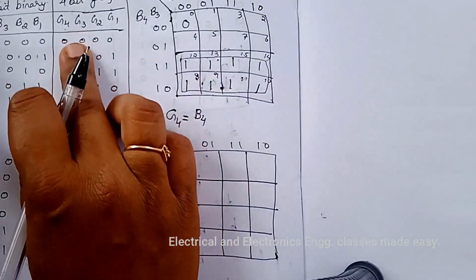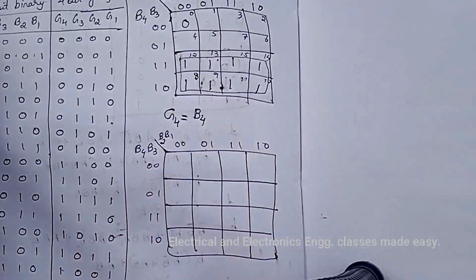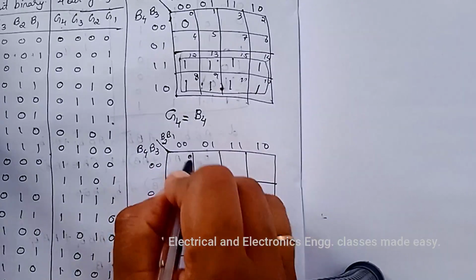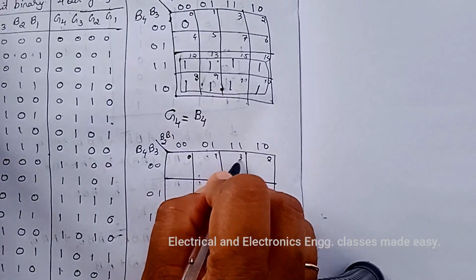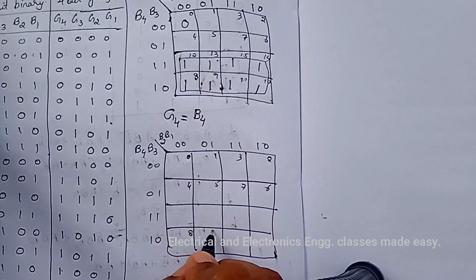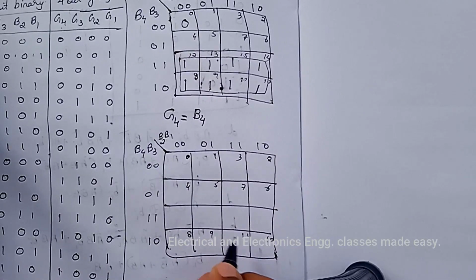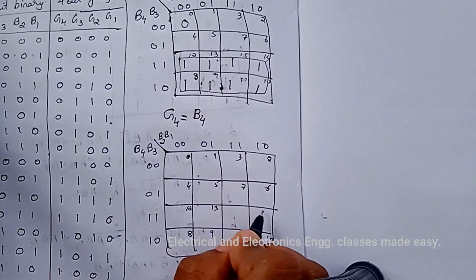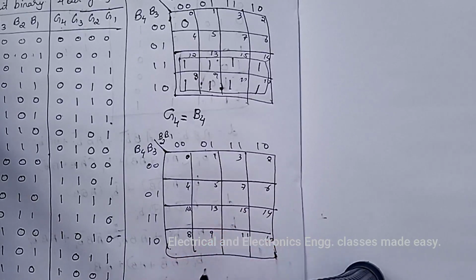Next we have to realize G3. So for that draw the K map: 0, 1, 2, 3, 4, 5, 6, 7, 8, 9, 10, 11, 12, 13, 14 and 15.